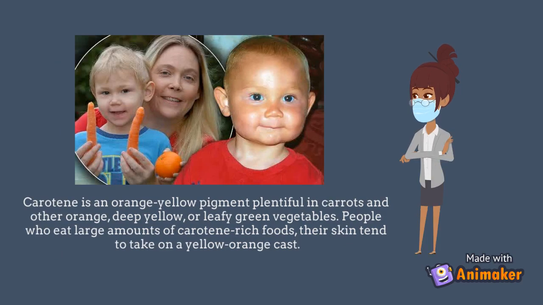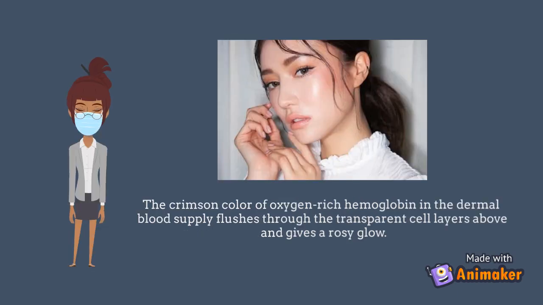Carotene is an orange-yellow pigment plentiful in carrots and other orange, deep yellow, or leafy green vegetables. People who eat large amounts of carotene-rich foods tend to have skin with a yellow-orange cast. The crimson color of oxygen-rich hemoglobin in the dermal blood supply flushes through the transparent cell layers above and gives a rosy glow.